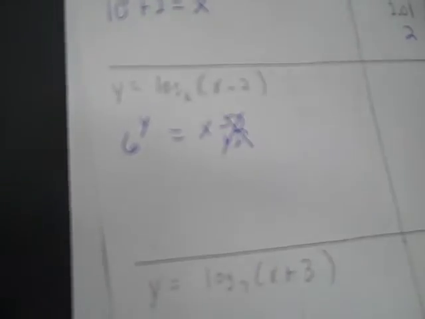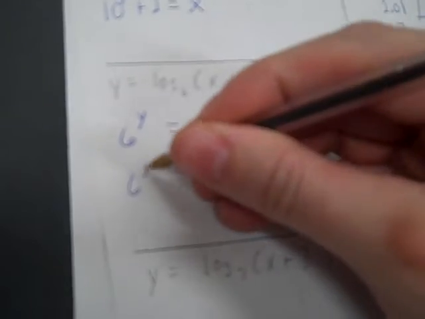Next one, 6 to the y power equals x minus 2, so I'm going to need to add 2, would be the easiest way to go. So 6 to the y power plus 2 equals x, and then it's the same thing. But I want to put the numbers in for y, not x. So 2, 1, 0, negative 1, negative 2, then negative 10.